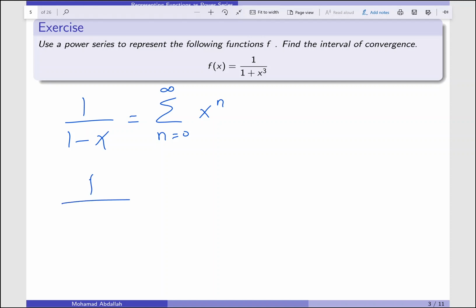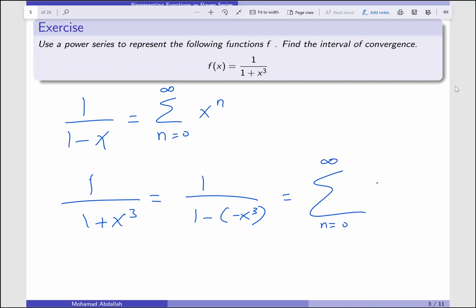I have 1 over 1 plus x cubed, so I can write this as 1 over 1 minus negative x cubed. The purpose of doing that is that I'm trying to have the form 1 over 1 minus the variable. Then this can be written as the sum from n equals 0 to infinity of negative x cubed to the power n.